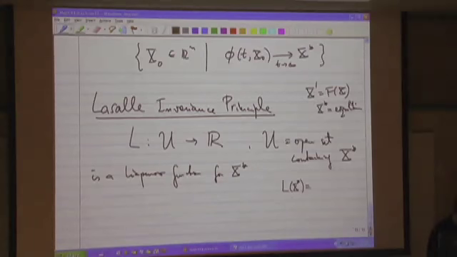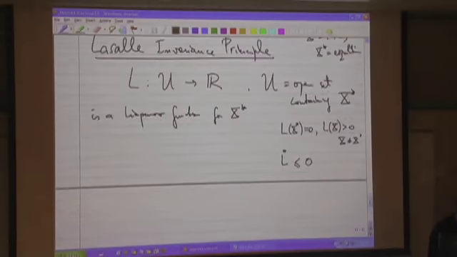L of x star is 0, L of x is positive for x different than x star, and L dot is, I think it doesn't require to be even strict.